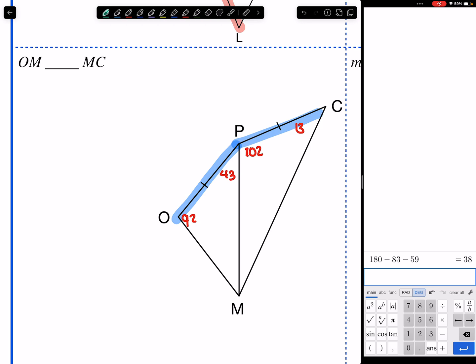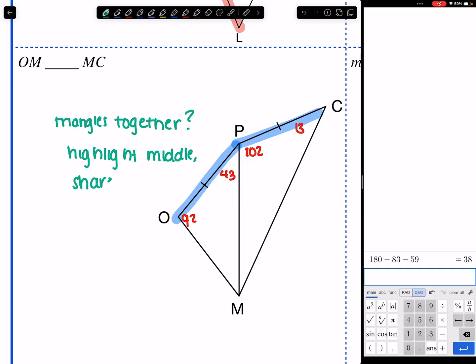And in the case of you having triangles together, you're going to highlight the middle shared side. And so we're going to highlight this side here as well.